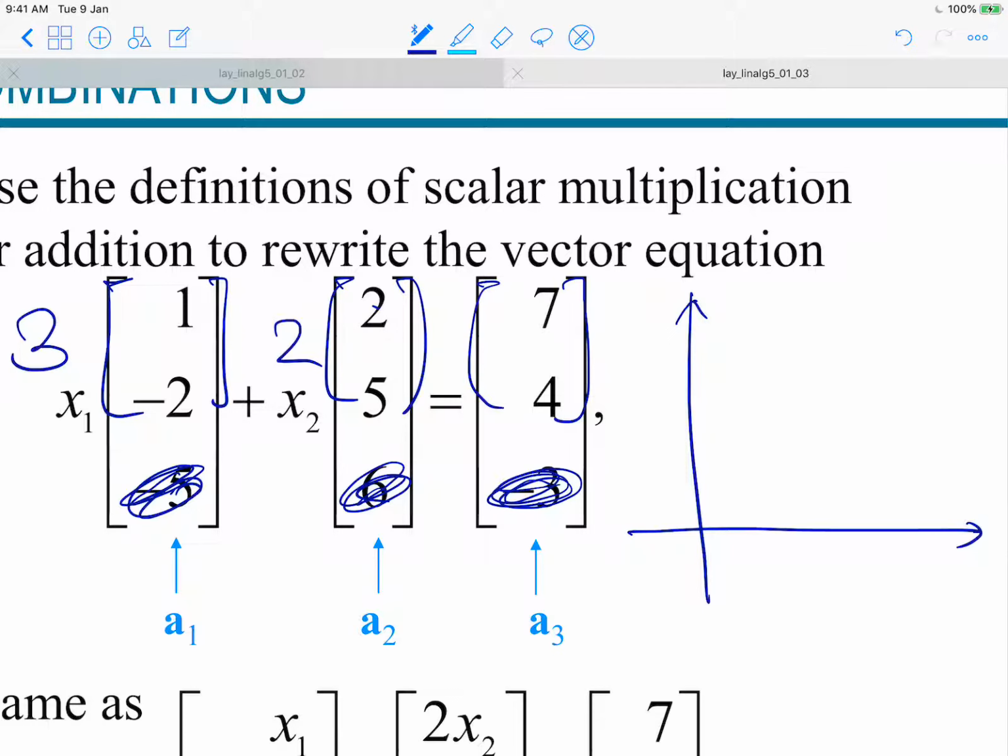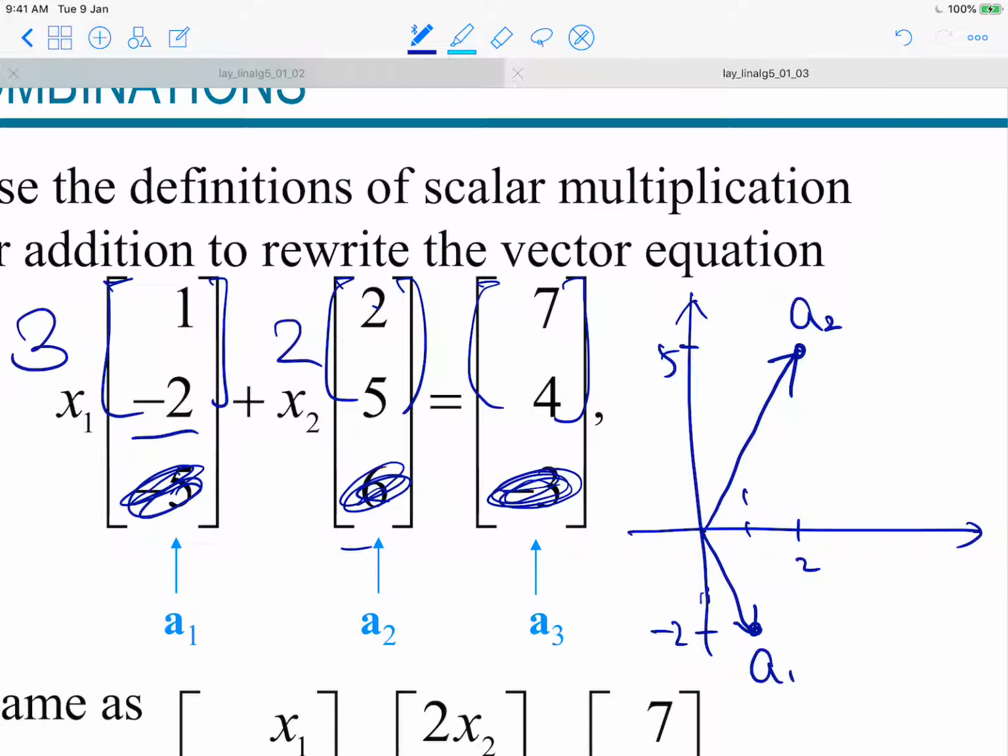But still, the solution will remain the same, right? But anyways, in this case, we are initially given 1, -2. So this vector is a1, and a2 is 2, 5. So this is a2.